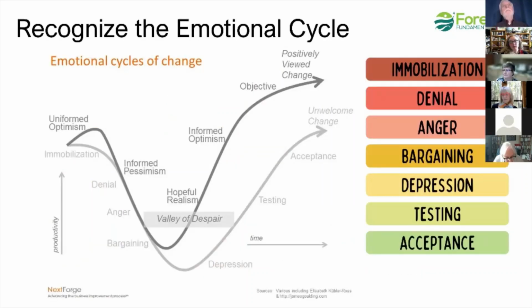Creating change is mostly about people. People make it about org charts and budgets and timelines and milestones, which are all important too. But most people, if they are being asked to create change or being part of change, go through this emotional cycle, these various kinds of steps that they go through.